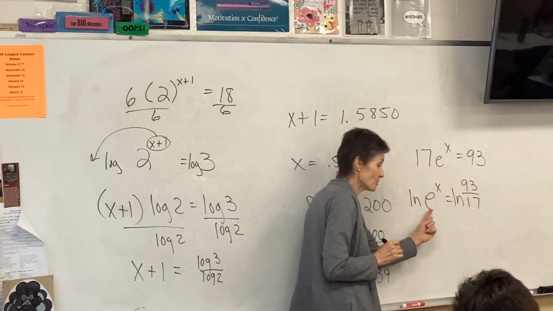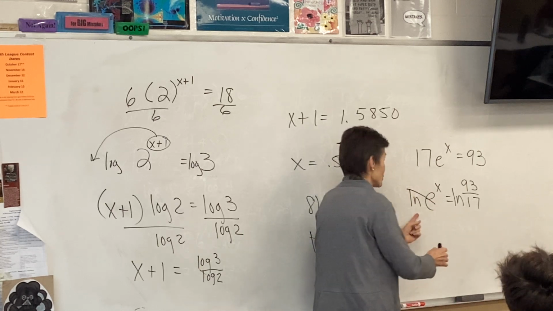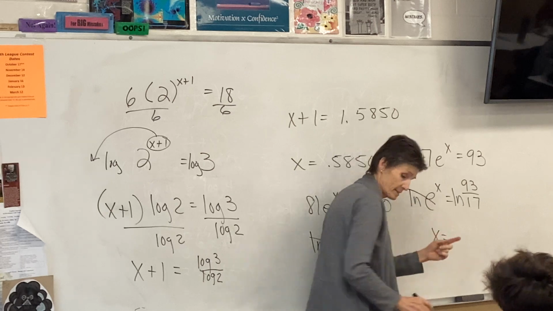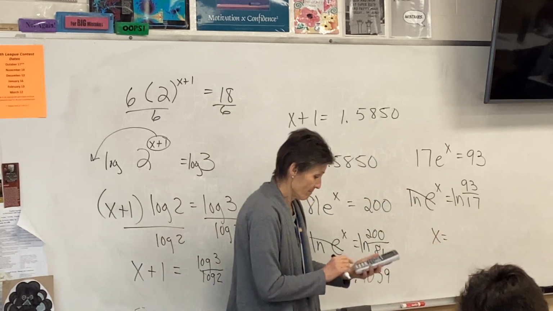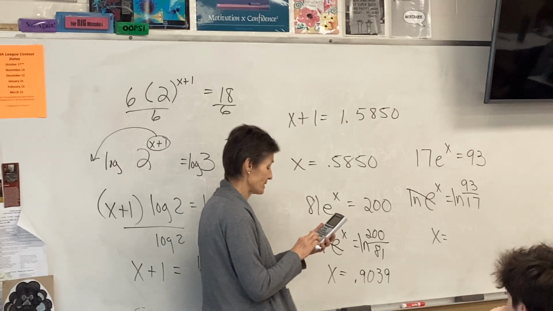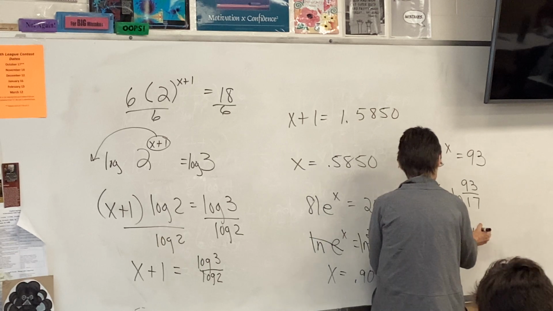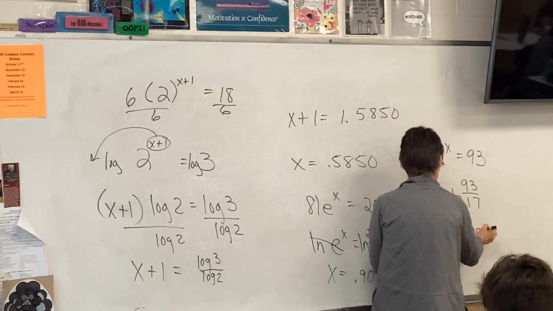Because, see this right here? They're gone. So x equals ln of 93 divided by 17, which is 1.6994.